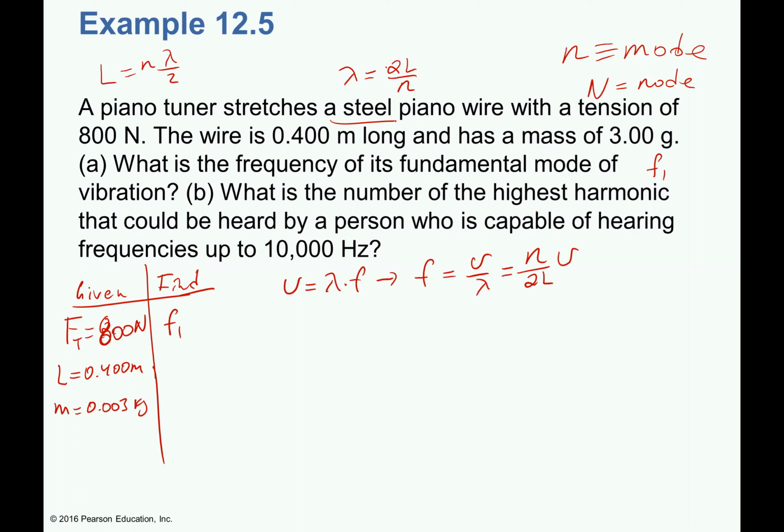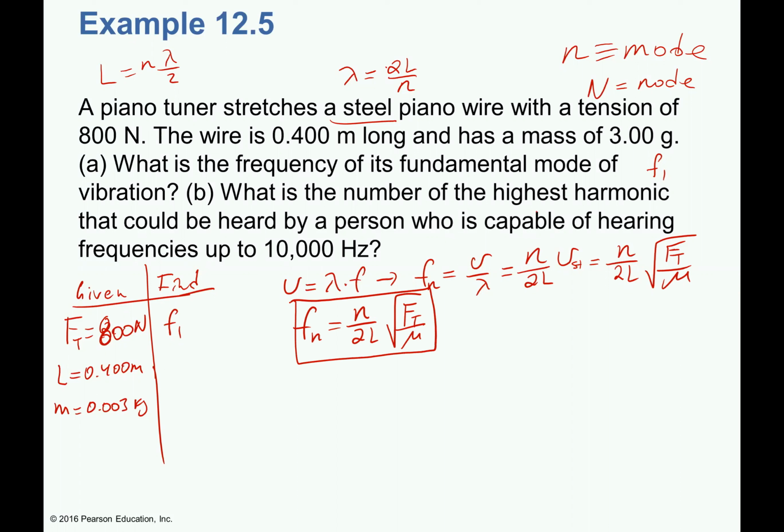The velocity of the string wave can be represented as the square root of the tension force over the linear mass density. So that's my general equation: f_n equals n over 2L times the square root of F_T over mu. You can always use this general equation.